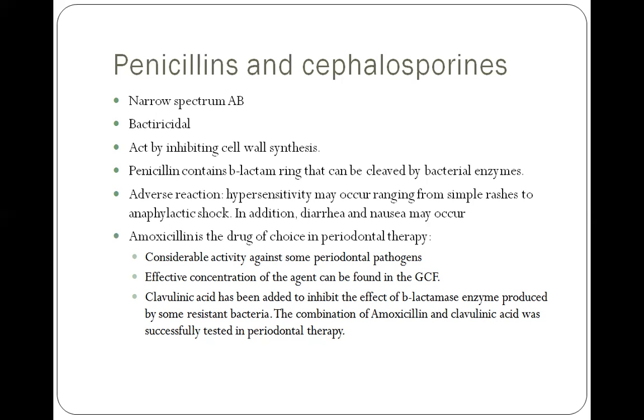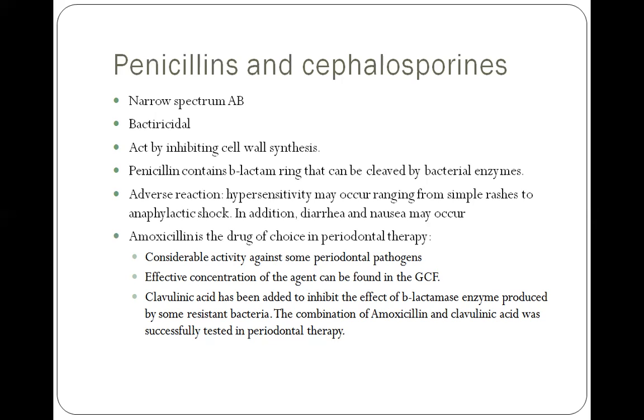Amoxicillin actually is the drug of choice in periodontal therapy, and it is a part of the penicillin compound. Why do we use amoxicillin more than other types of penicillins in periodontal therapy?